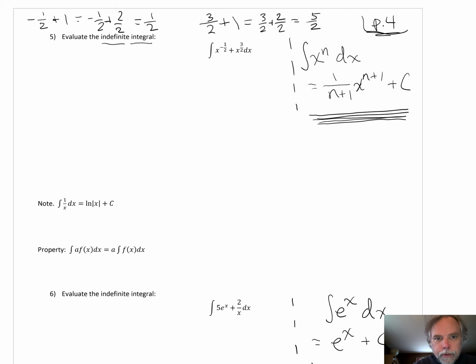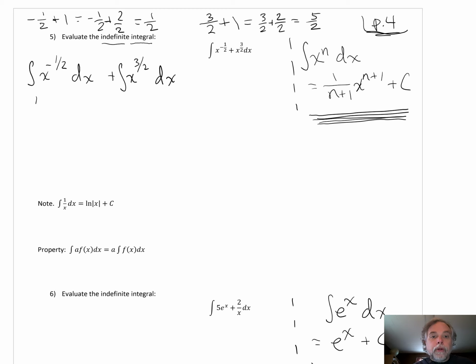All right, with those two done, let's start the problem, which is the integral of x to the negative 1/2 dx plus the integral of x to the 3/2 dx. We're using a property that you can evaluate the integral of a sum by doing the sum of the integrals. Each of those is the reverse power rule.